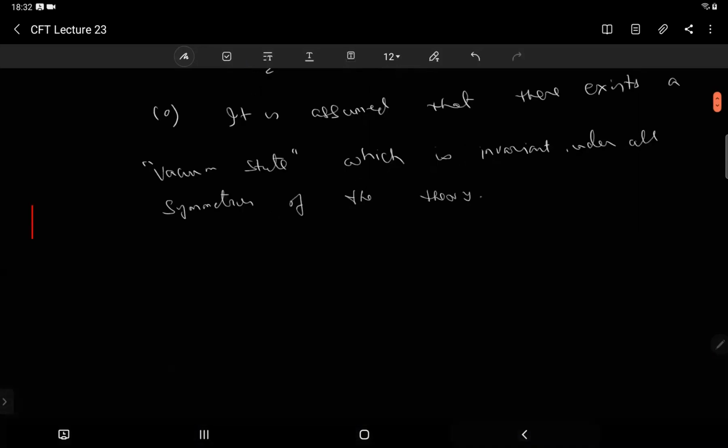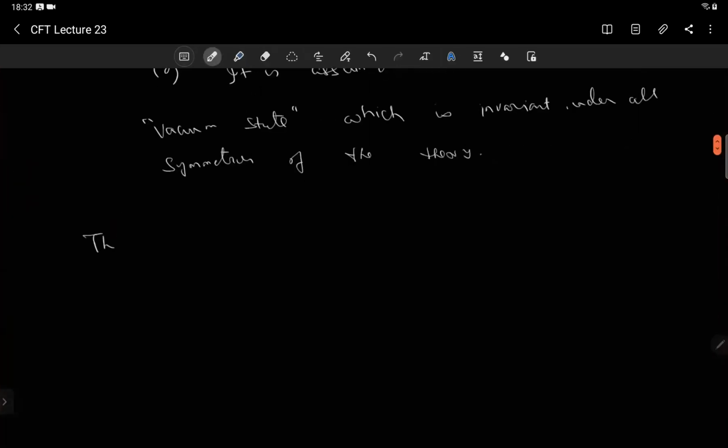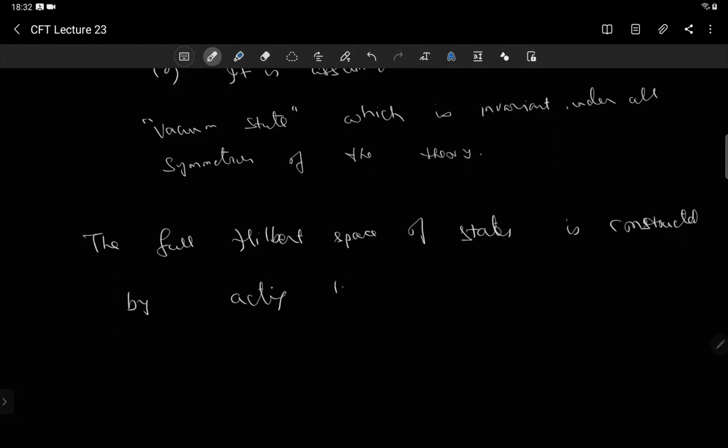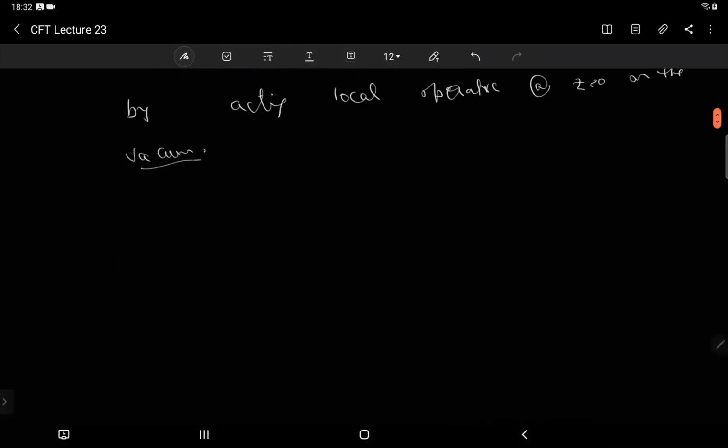আর তারপরে আমরা বলেছিলাম যে the full Hilbert space of states is constructed by acting local operators at z equal to 0 on the vacuum. তো এইভাবে সব স্টেটস গুলো কনস্ট্রাক্ট করা হবে, আর all these states together will form the Hilbert space of the theory.